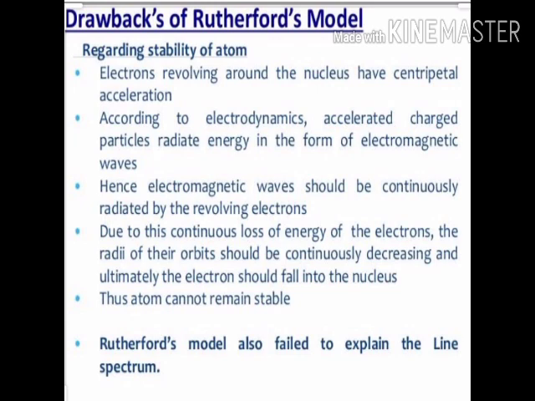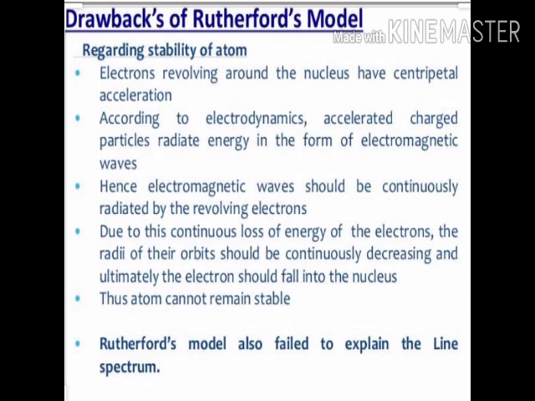According to his model, electrons revolving around the nucleus have centripetal acceleration, and according to thermodynamics, accelerated charged particles radiate energy in the form of electromagnetic waves. Due to the continuous loss of energy of the electrons, what is going to happen?